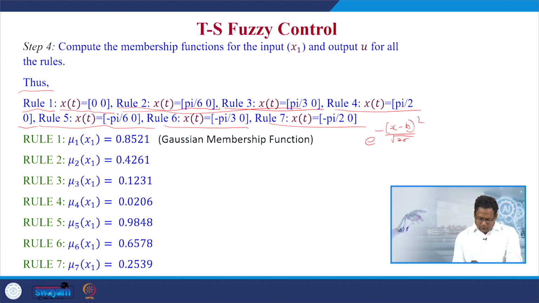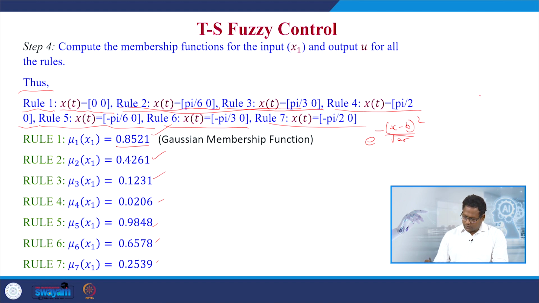So, for the initial case, for rule 1 we have obtained the membership function of the variable x1 being 0.8521. Likewise, we have obtained for rule 2, rule 3, rule 4, rule 5, rule 6 and rule 7. That is the case.